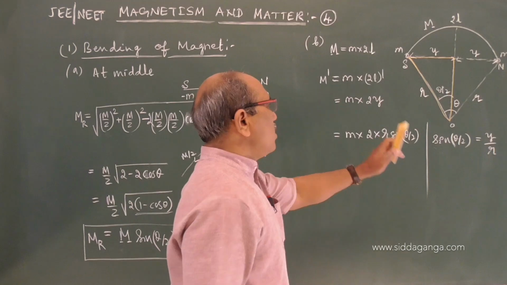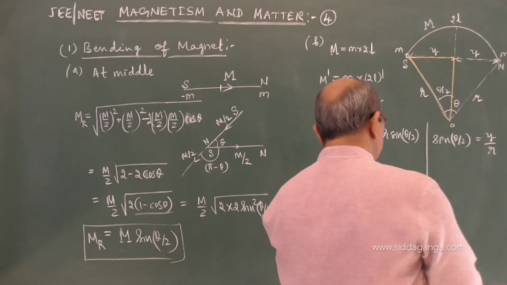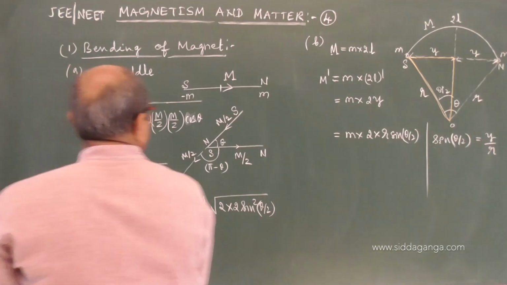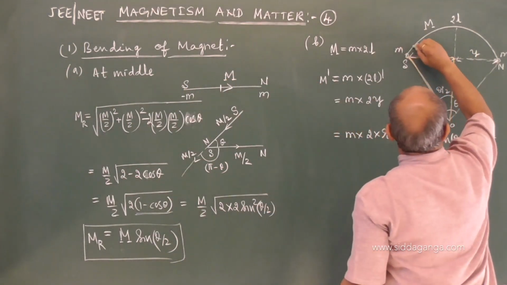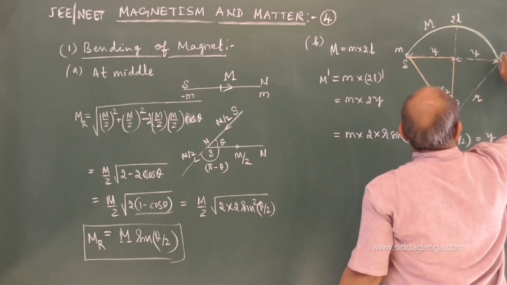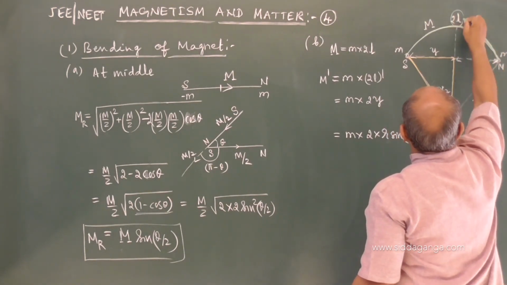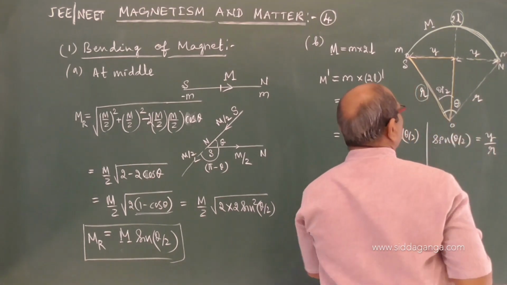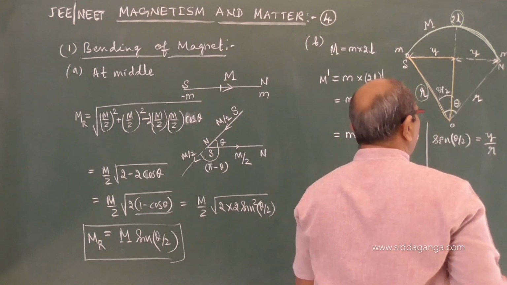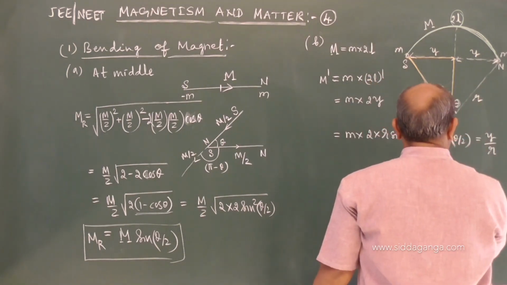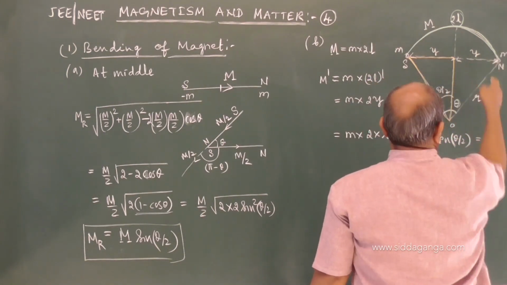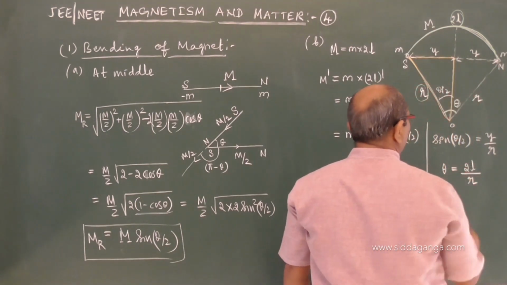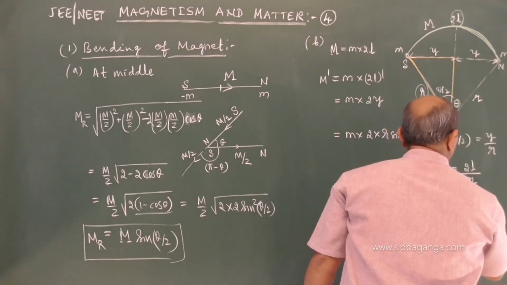So you have to remove r. For that, let us consider the whole arc. It is an arc of length 2l, radius r, and the total angle is theta. For that, arc length by radius is angle. Theta is equal to arc length 2l divided by r, or r is equal to 2l by theta.